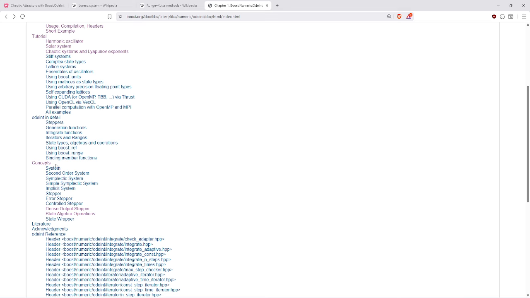The details of that are explained here in their concepts section, where they describe the concept of the system, the concept of a second-order system, a symplectic system, an implicit system, the concept of a stepper or an error stepper, a controlled stepper. The difference between a stepper and an error stepper is what allows you to take adaptive step sizes.